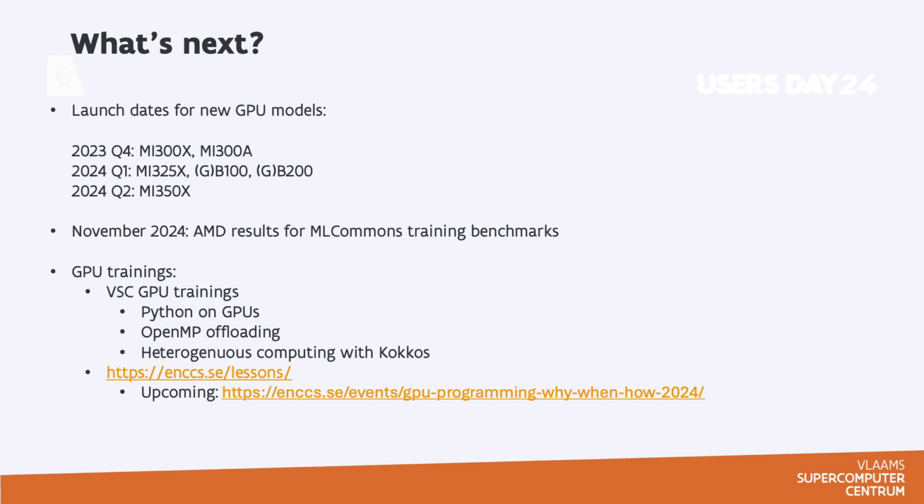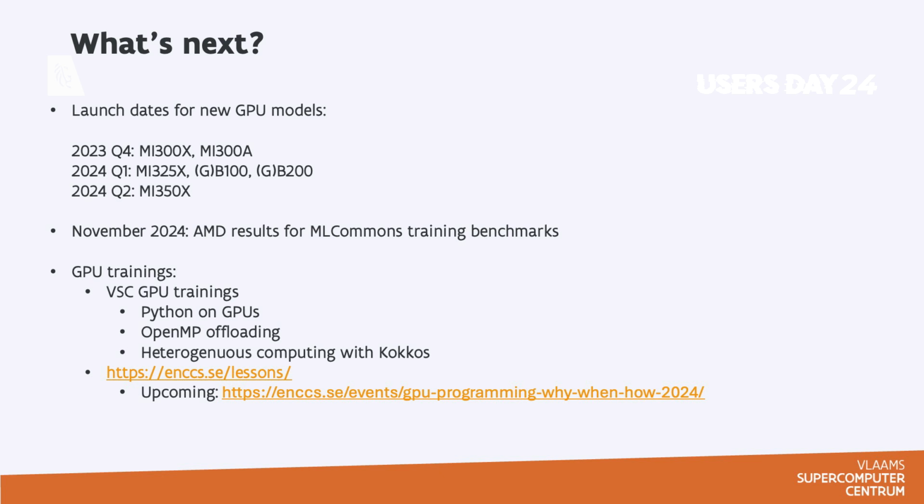So what's next then? In the last year a lot of GPUs were launched, both for AMD and NVIDIA. I will not go over all the models, but there's a list there. So hopefully we can expect them in some of our clusters in the future. Also very interesting would be the AMD results for the MLCommons training benchmarks.